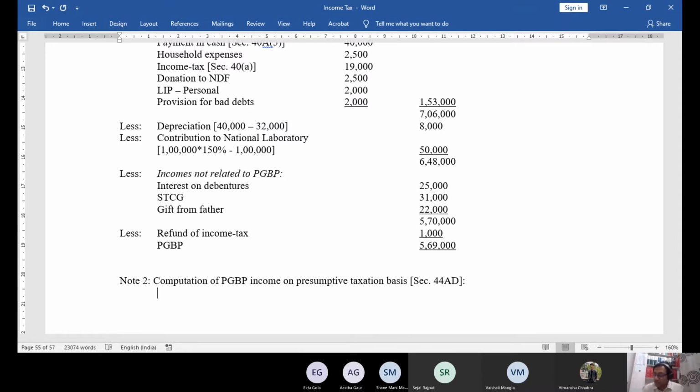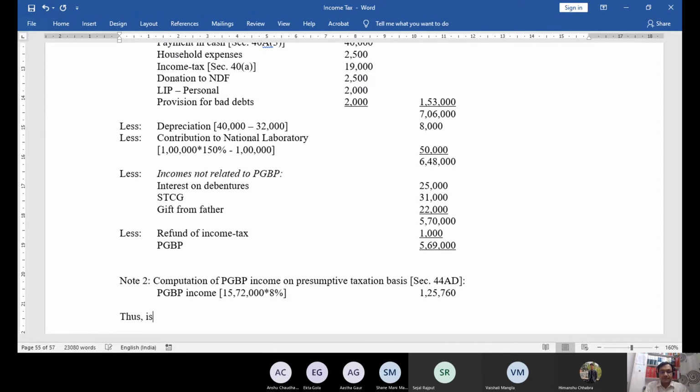Since my turnover does not exceed 2 crore, I am a resident individual and my turnover does not exceed 2 crore. 1572 multiplied by how much? 8% or 6%? Because assuming it is cash basis, 125,760.